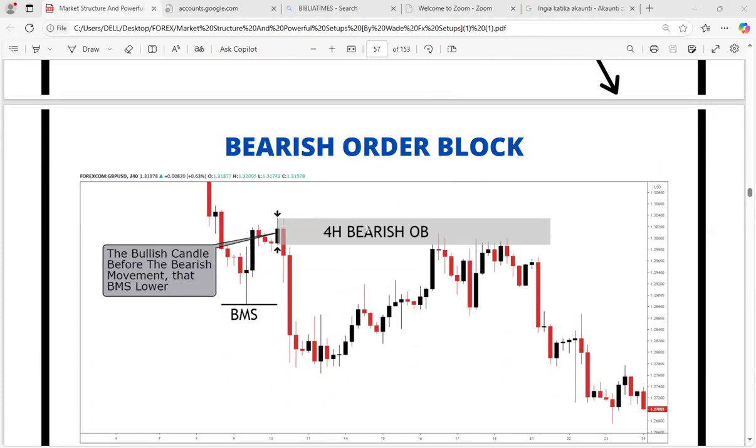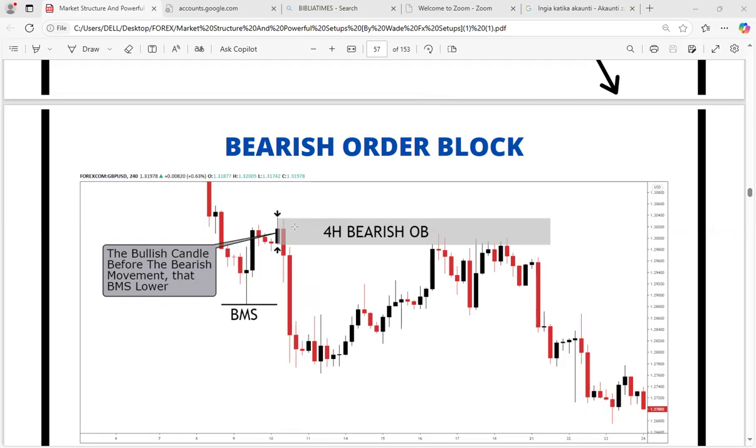Because what we are looking for is the last candle that made inefficiency or imbalance. That is the fair value gap. You can see this one. The last bullish candle here, the 4-hour bullish candle, had some mistakes here. Why?